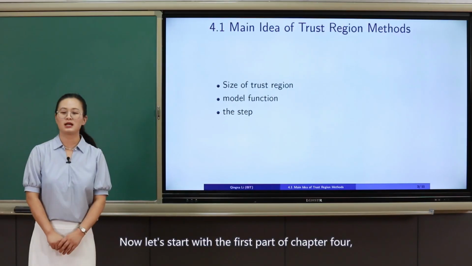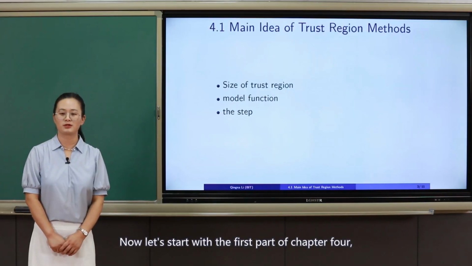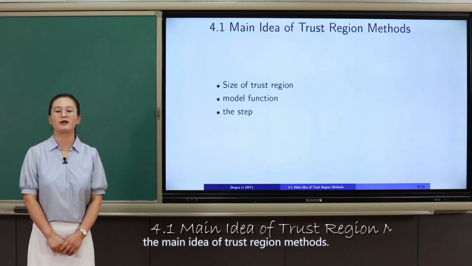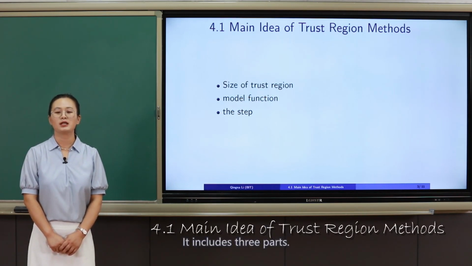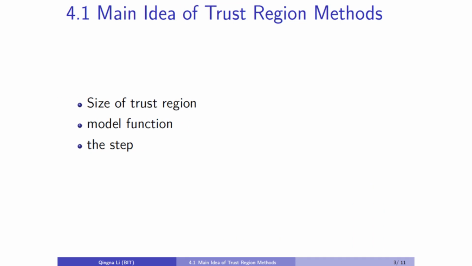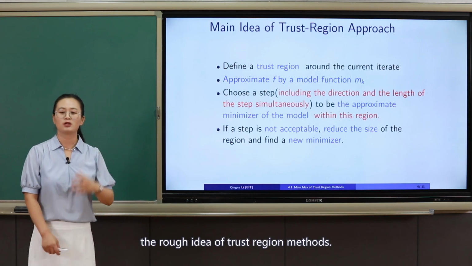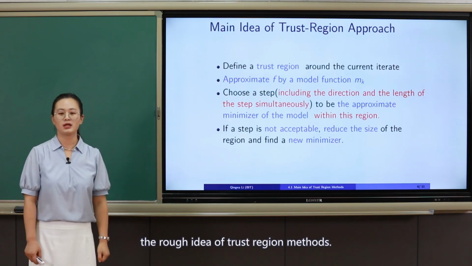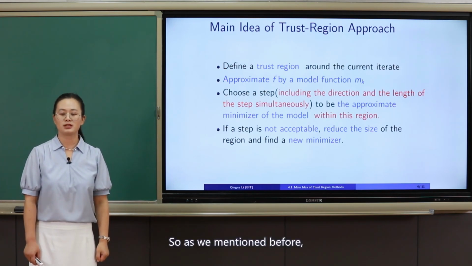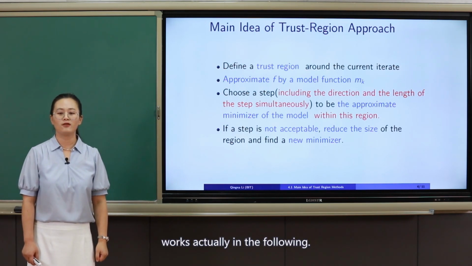Now, let's start with the first part of Chapter 4, the main idea of trust region methods. It includes three parts. One is the size of trust region, then the model function, finally the step. Now, let's take a look at the rough idea of trust region methods. As we mentioned before, the trust region methods work in the following way.